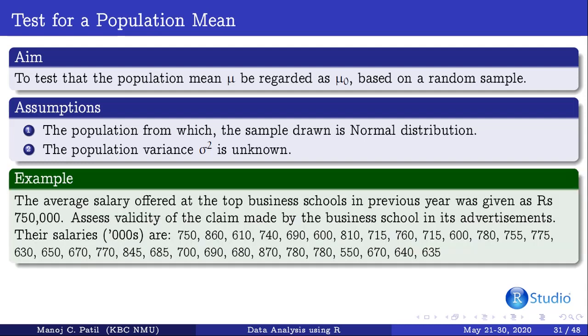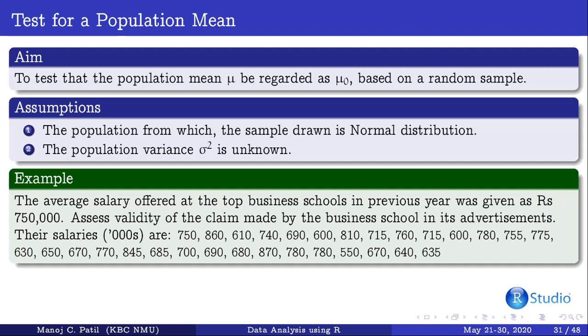Here is the average salary offered at the top. The average salary offered at the top by business schools in the previous year was given as 750,000 per annum. Assess the validity of the claim made by a business school in its advertisement.